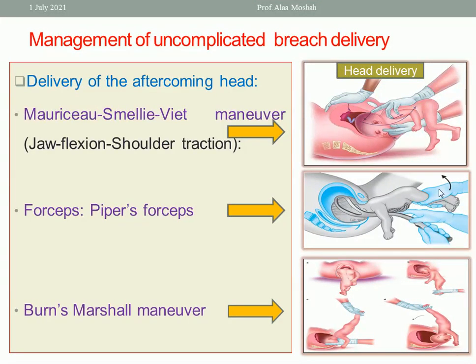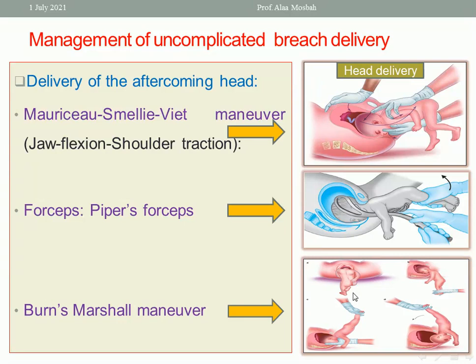Then comes the delivery of the aftercoming head. In uncomplicated breech, we have 3 maneuvers. Either Mauriceau-Smellie-Veit maneuver, jaw flexion, shoulder traction, as in this picture, or forceps using Piper forceps, or Burns-Marshall technique.